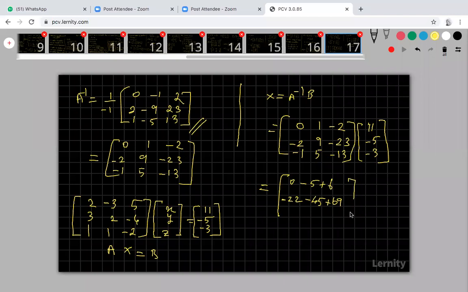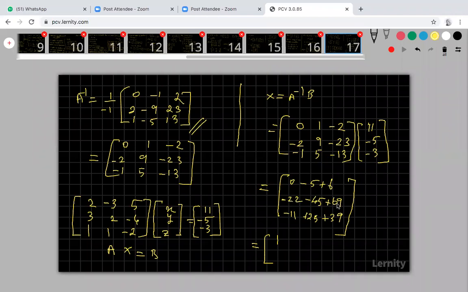Okay, and come to the third row. This is minus 11. This is plus 25. 5 into minus 5, this is minus into minus plus. This is 39. Okay, now what is the answer? So this is plus 1. Look at that. This is actually minus 45 minus 22 means minus 67.